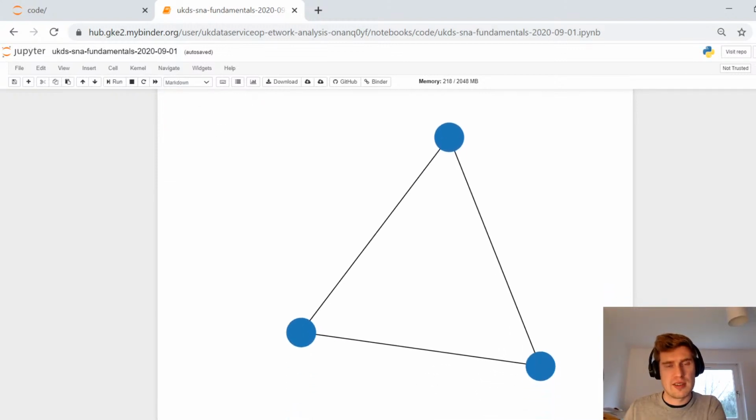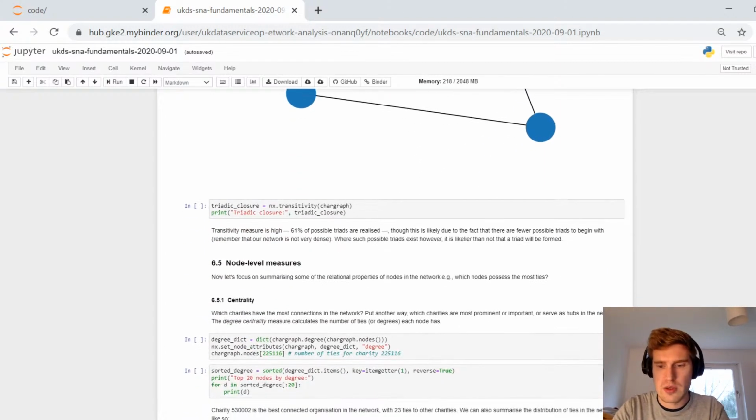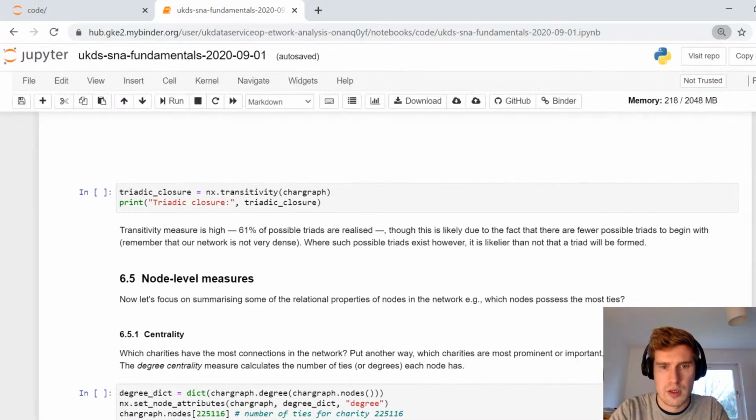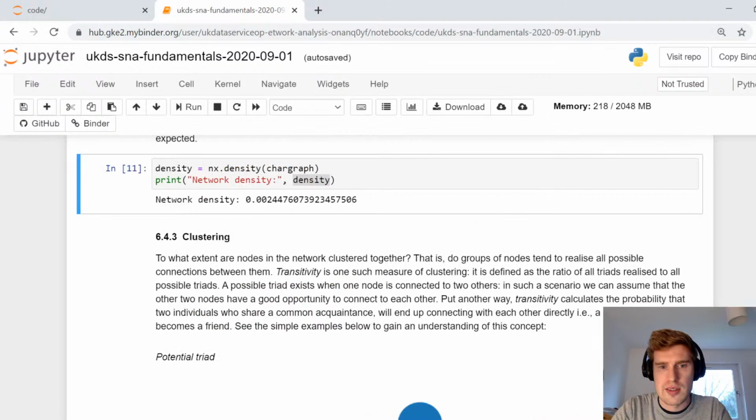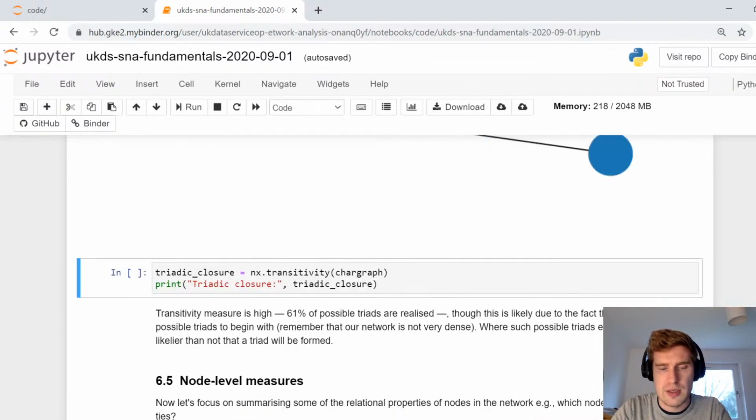This is what we'd expect to find. We're saying, if we see a possible triad, what's the probability of this example coming to life in the network? Let's make this a bit bigger again. Perfect. It's a concept called transitivity, so again we want the transitivity method from networks.